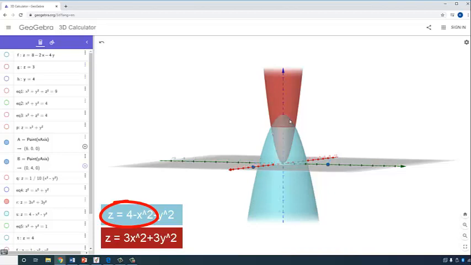So here's our parabola that's been flipped upside down and moved up 4 units, similarly in the YZ plane. And so if we want the intersection of these two surfaces, it's going to look like this region that we see here. That's the intersection of those two surfaces.